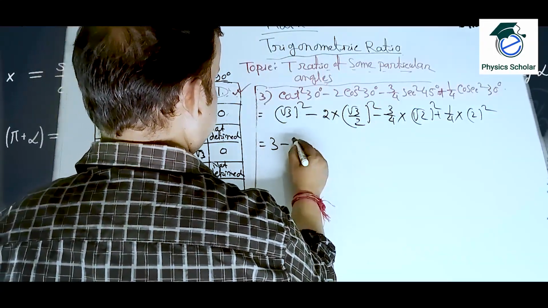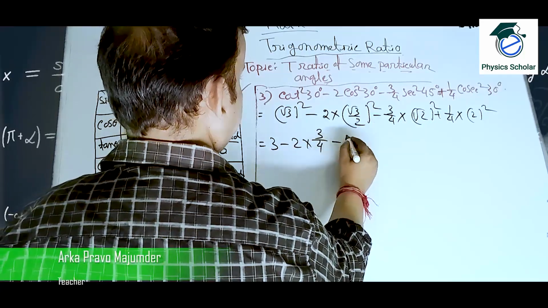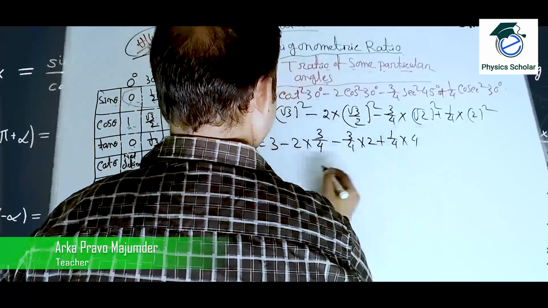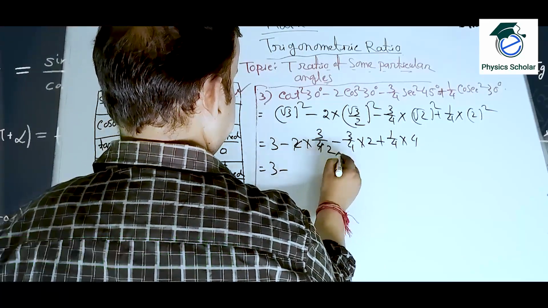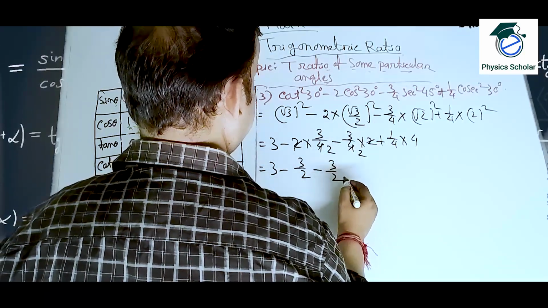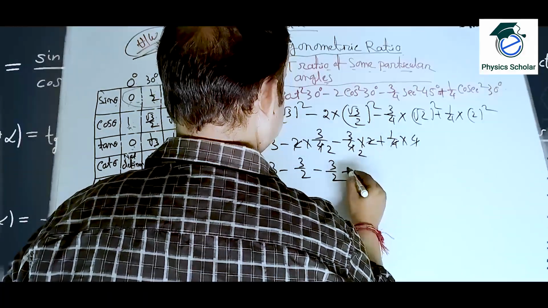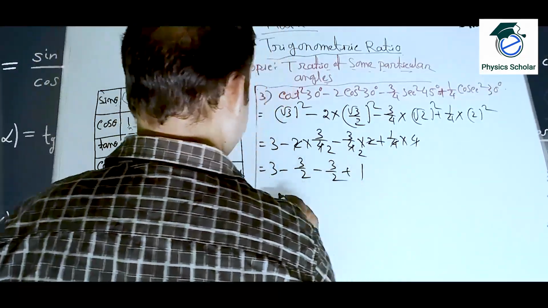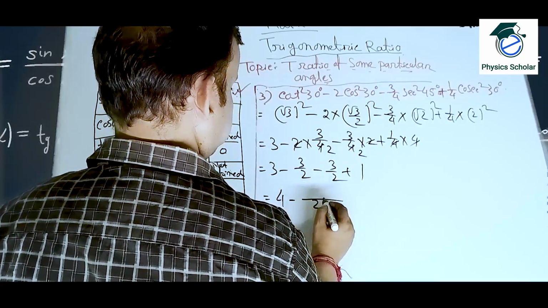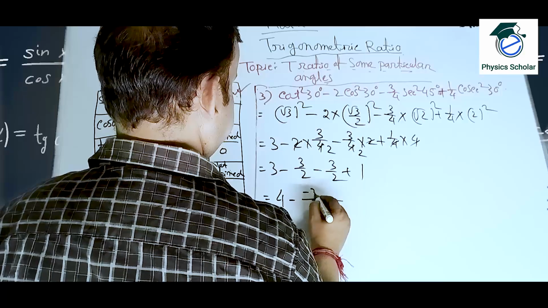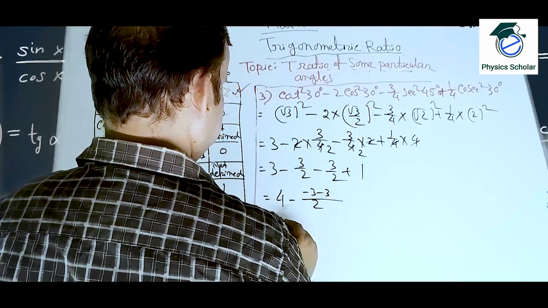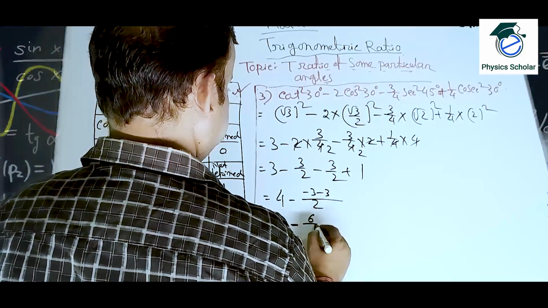So that means 3 minus, now simple calculation, 3 by 4 into 2 minus 3 by 4 into 2, plus 1 by 4 into 4. So 3 minus 3 by 2 minus 3 by 2, plus 1. So 3 and 1 means 4, minus 3 minus 3, so minus 6 by 2.